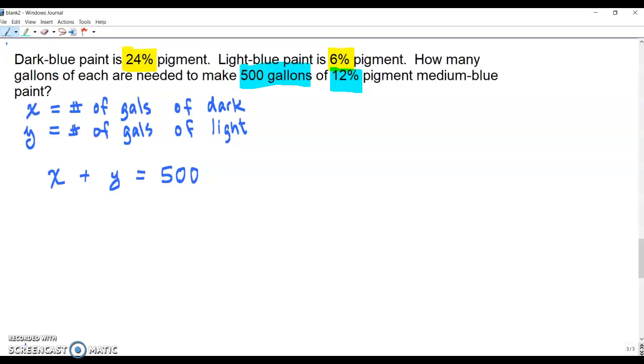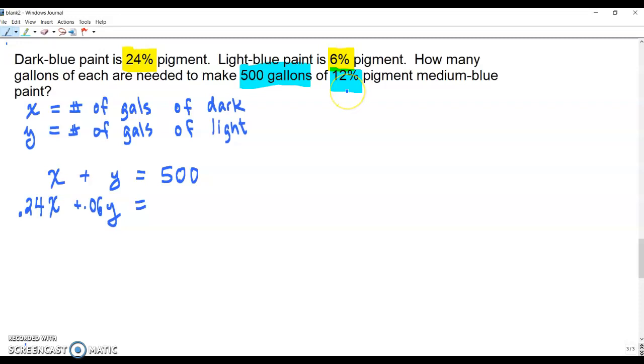Now my second equation is going to talk about the total amount of whatever this important substance is. In this particular problem, the important substance is pigment. So if I have X gallons of dark blue paint, how much pigment do I have? 24% of X. And if I have Y gallons of the light blue paint, how much pigment do I have? 6% of Y. How much pigment do I want in my total amount, in the total 500 gallons?